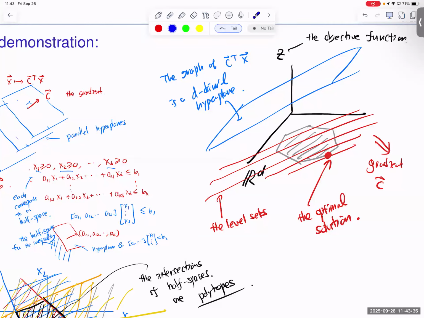Yeah, so maybe to the people on Zoom, he just asked whether it's possible to have not just one optimal solution, but many optimal solutions. Yes, possible. Depending on the gradient C, you may have the level sets just parallel to this face. Then this face gives the optimal solutions.